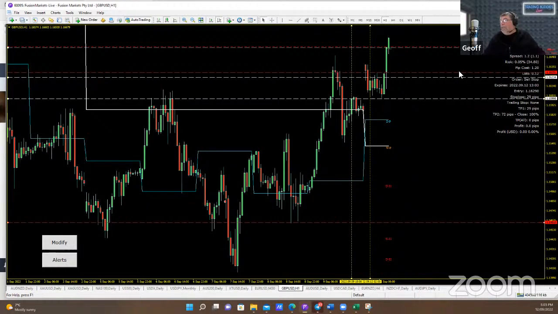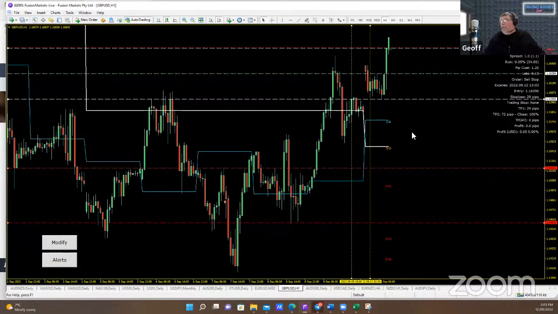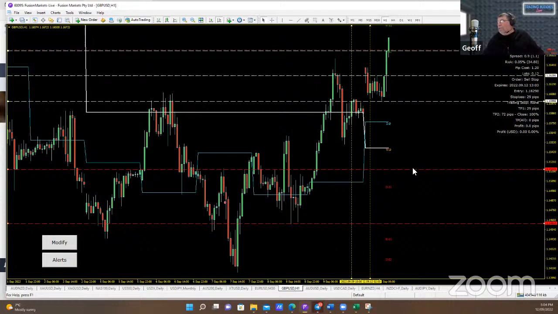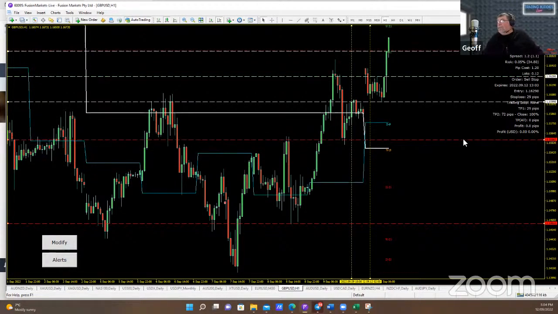Let me move that down as a red line. Be down there somewhere. There we go. 2.5, what did I say? 72 pips, which was something 57, if I recall my numbers. 115.57, which is right about there somewhere.